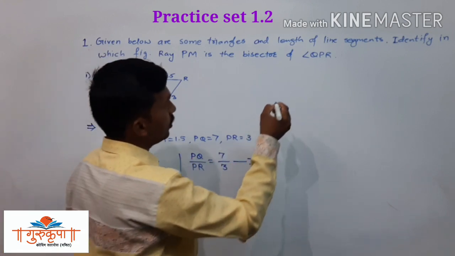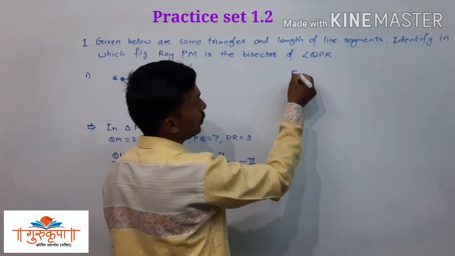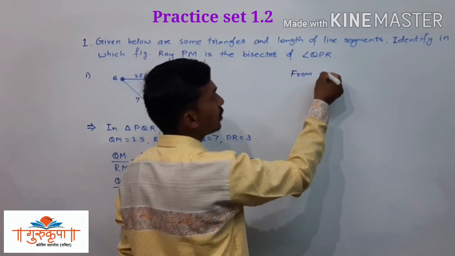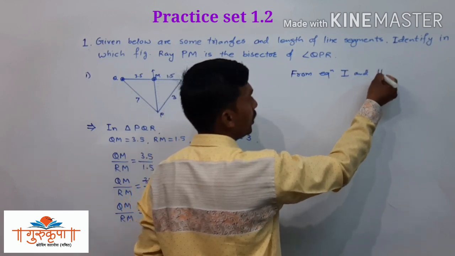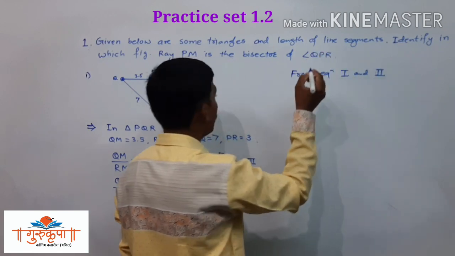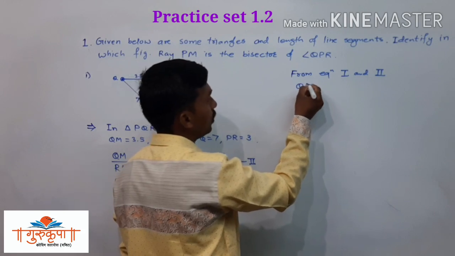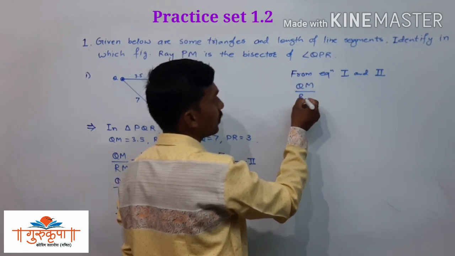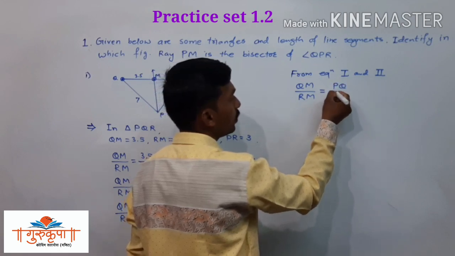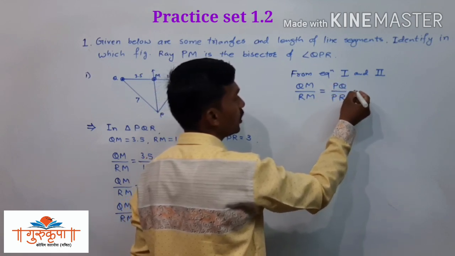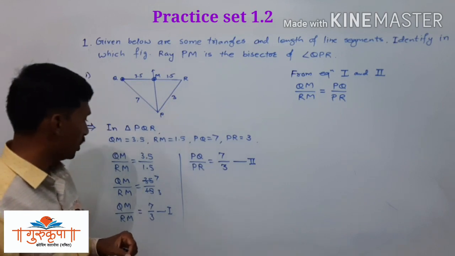Here we can write, from equation 1 and 2, QM upon RM is equal to PQ upon PR.